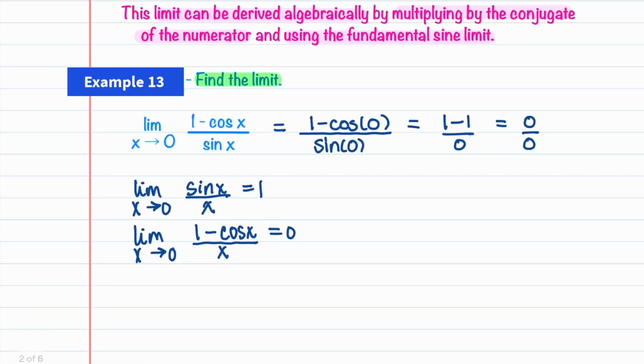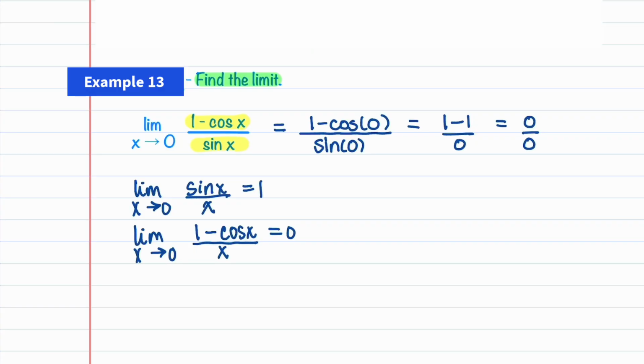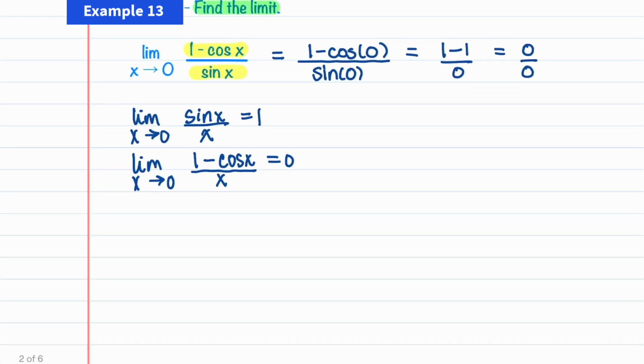When you look at the limit that we've been given, 1 minus cosine x over sine x, you can see that it's similar to these two limits that I just wrote down, but there's no x there. So I think the best thing that we can do to evaluate this limit is divide both the numerator and the denominator by x.